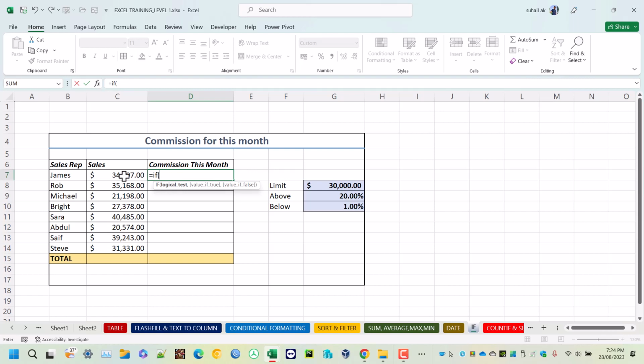So my question is, pick this number and check whether the number is greater than or equal to 30,000. That is the logical test. I'm asking the function to check whether the number is greater than 30,000 or not.